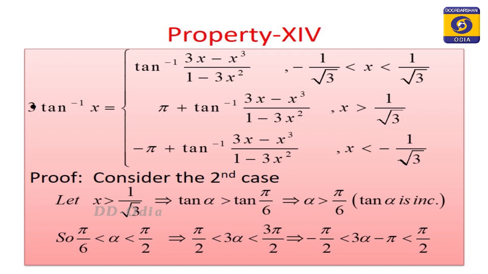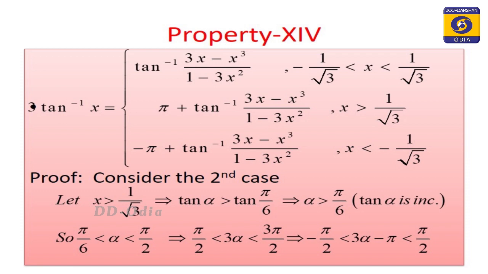So pi by 6 less than alpha less than pi by 2, multiplying by 3 on both sides, that is pi by 2 less than 3 alpha less than 3 pi by 2. So adding minus pi on both sides, that is minus pi plus pi by 2 less than 3 alpha minus pi less than 3 pi by 2 minus pi, that is minus pi by 2 less than 3 alpha minus pi less than pi by 2.